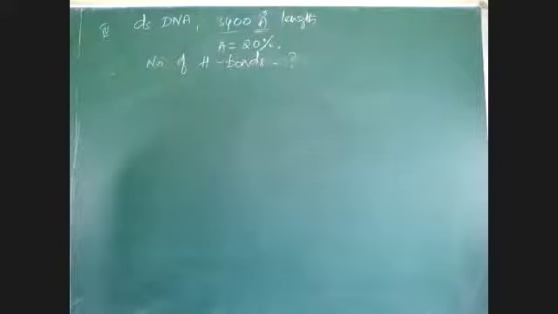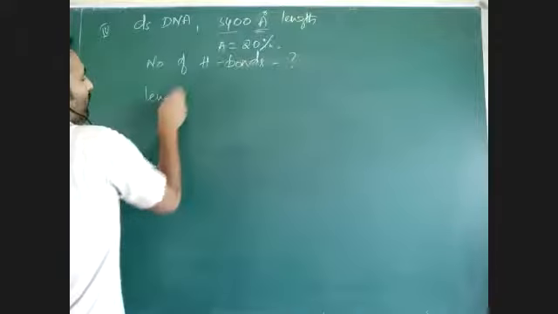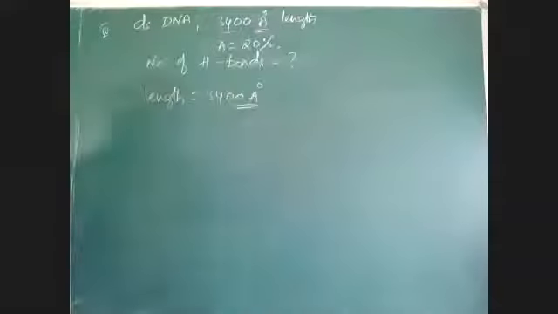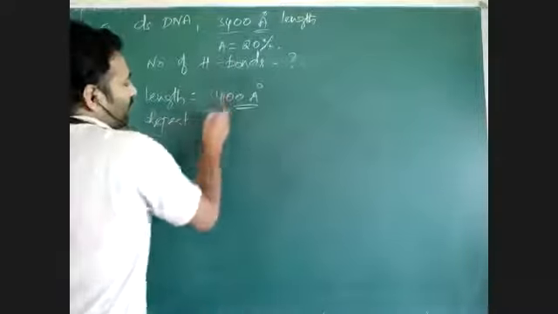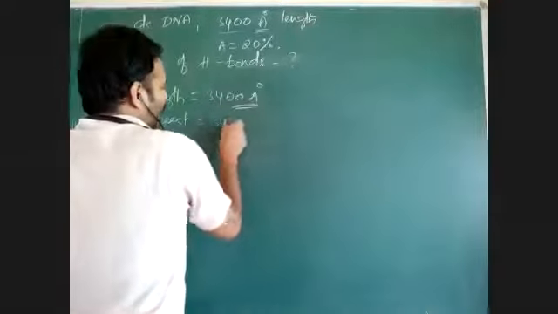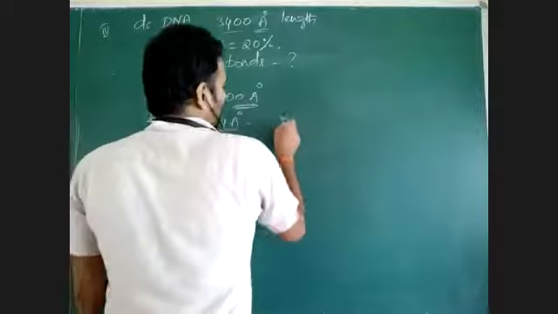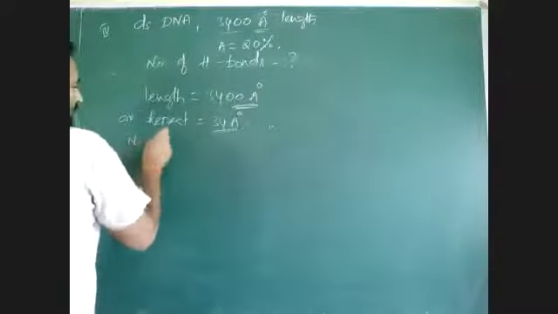Base pair bonds we need to calculate, sir. Yes. Now I will explain. Length is equal to 3,400 Angstrom. One repeat is equal to how much length? 34 Angstrom.